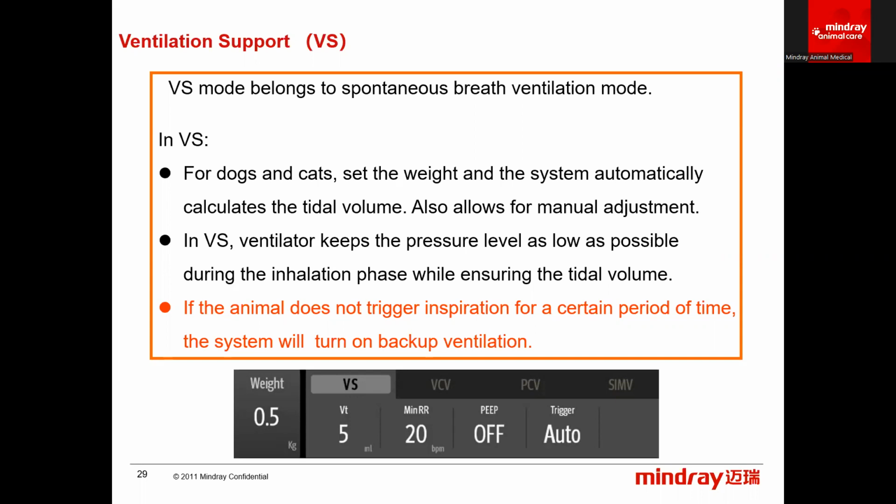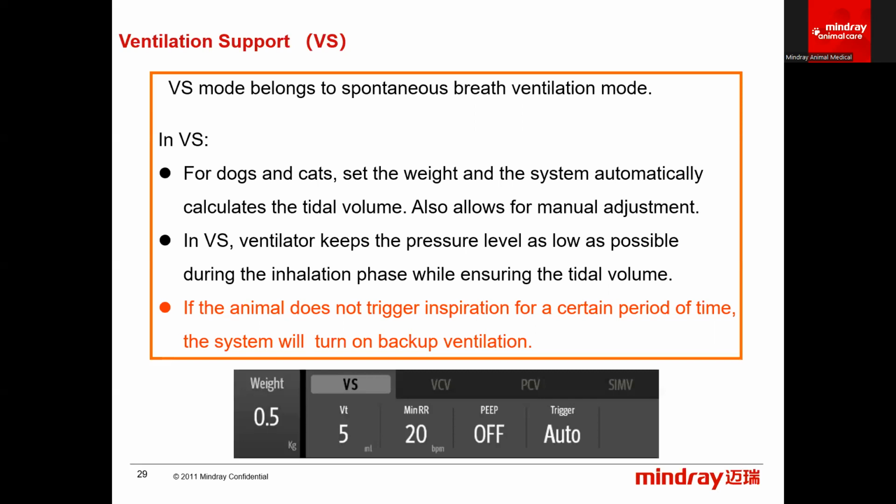or rigid pressure control. So on the Vita 5, you can set a weight and it'll automatically calculate a tidal volume for you. Now you can change it in the settings, but it comes from the factory with a 10 mil per kg tidal volume. As we know, that range is 8 to 15 mils per kg.